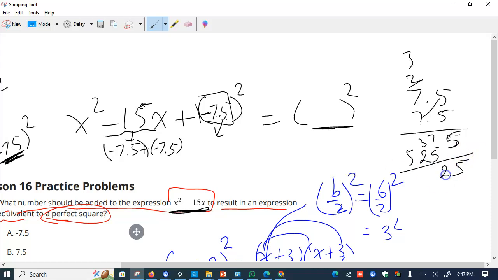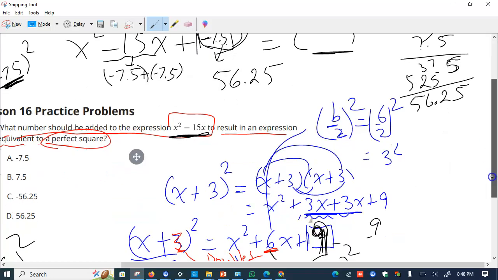So I'm doing it fast, you can check my answer, 56.25. So this whole thing becomes 56.25. So that's what the answer is.